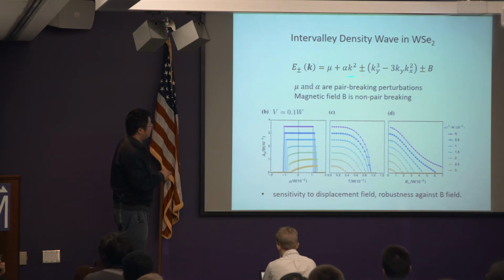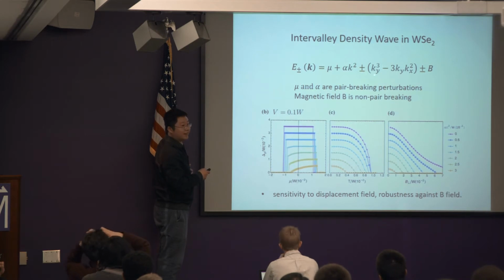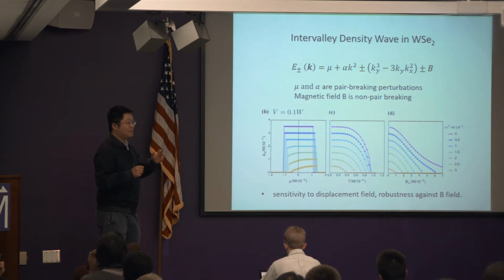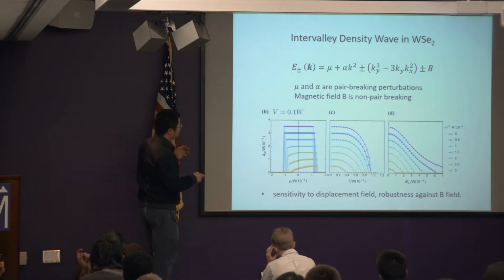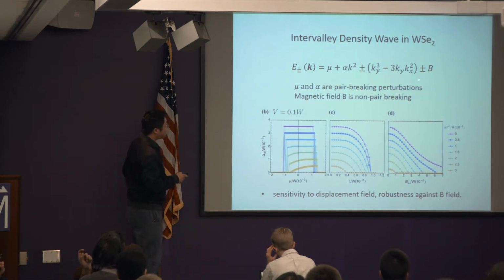Both mu and alpha are actually pair breaking perturbations. Because if you look at the mu and alpha terms, they are even functions of k, while this third order term is odd in k. So this third order term gives you perfect electron-hole nesting, while the first two terms break this perfect particle-hole nesting, so they are pair breaking perturbations.